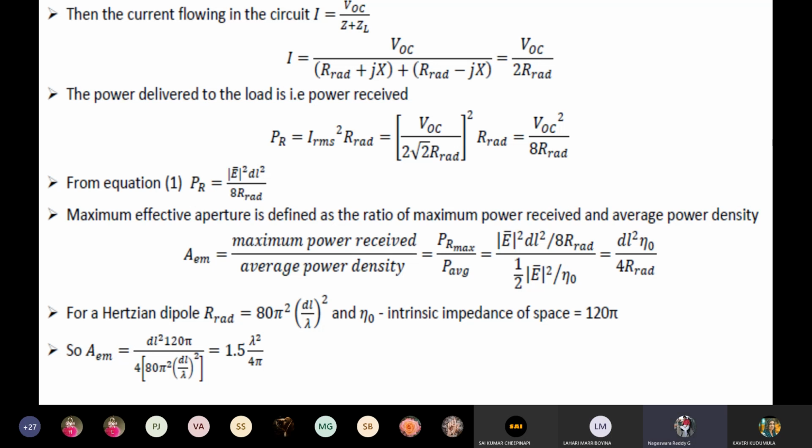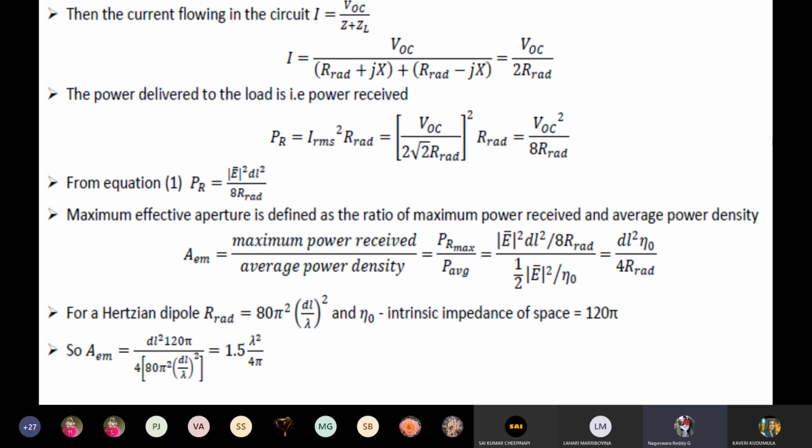For a Hertzian dipole, radiation resistance is equal to 80 pi squared times (dl by lambda) whole squared, and the intrinsic impedance of free space is equal to 120 pi. So the effective aperture is equal to dl squared into 120 pi by 4 times 80 pi squared (dl by lambda) whole squared. After simplification, you get the effective aperture equal to 1.5 lambda squared by 4 pi.